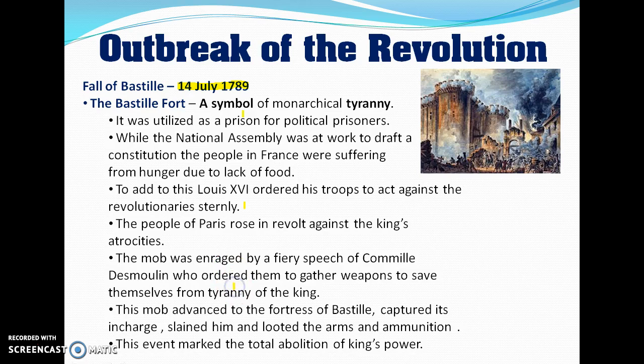And just at that time, there was a leader called Camille Desmoulins, who gave a fiery speech which inspired the people, and they started gathering weapons from here and there, and finally they advanced towards the fortress of Bastille, captured it, murdered its in-charge, and looted the arms and ammunition from there. This event marked the total abolition of the king's power, and it is called the fall of Bastille. This day is celebrated even today as Bastille Day, or the 14 Juillet, as it is called in France.